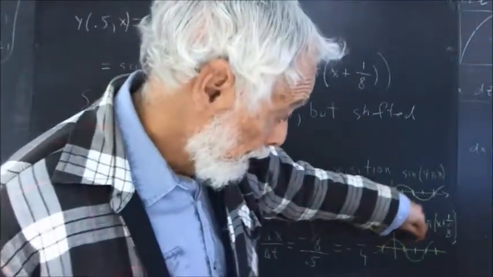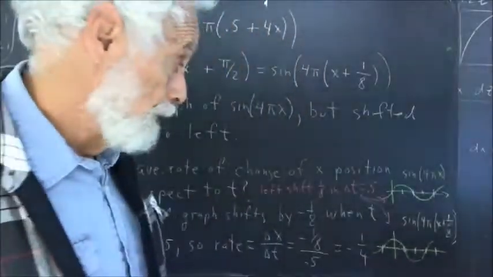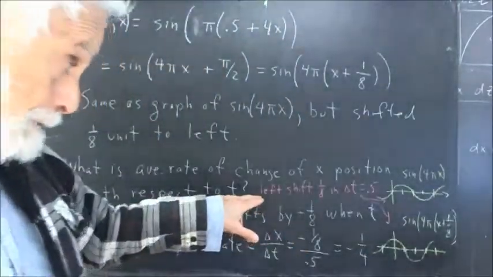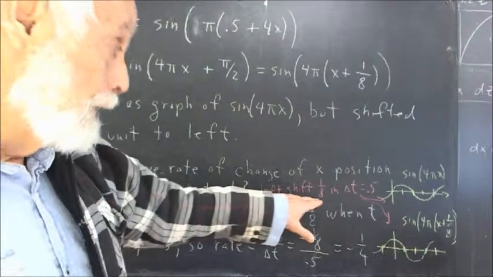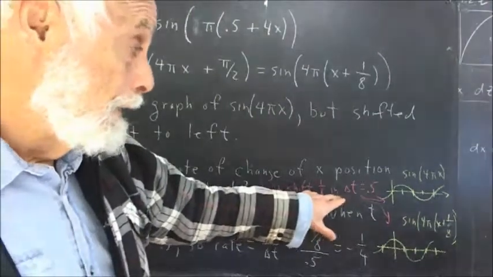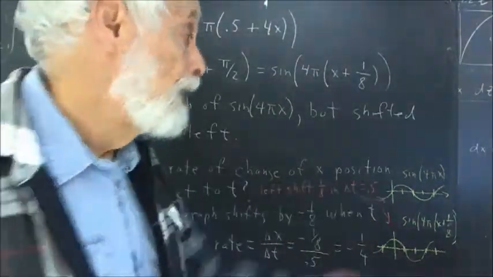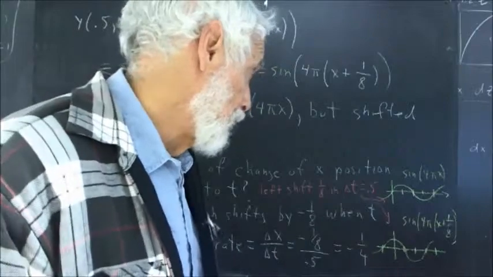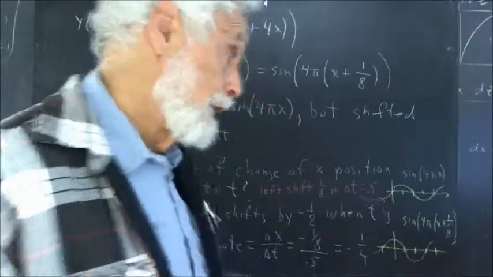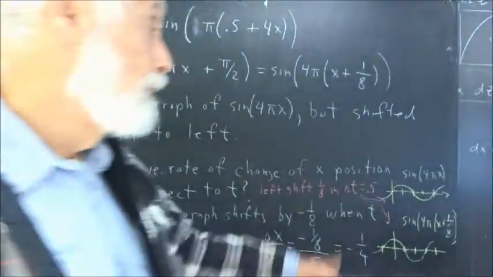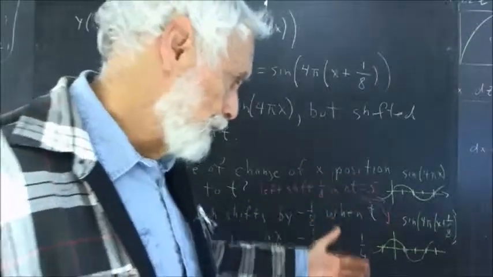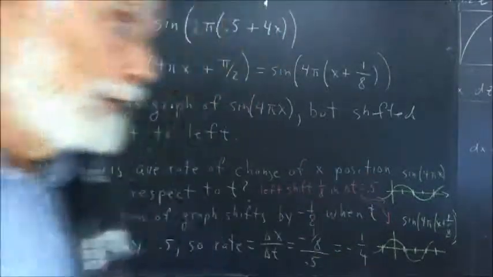Again, these markings correspond to 1/8 of a unit. And we see that we have a leftward shift of 1/8 in a delta t of 0.5, which means we have an average velocity of -1/4, the units being whatever our unit of distance is divided by our unit of time.